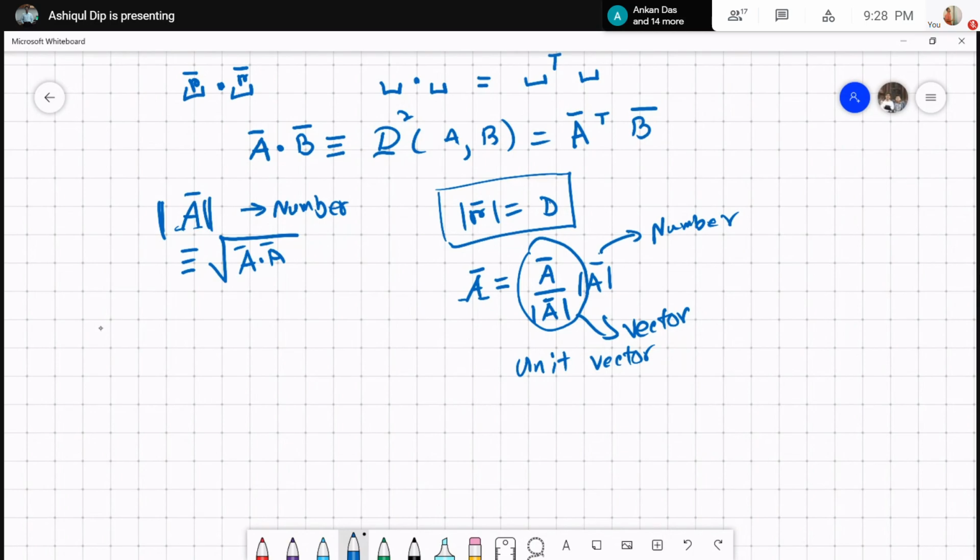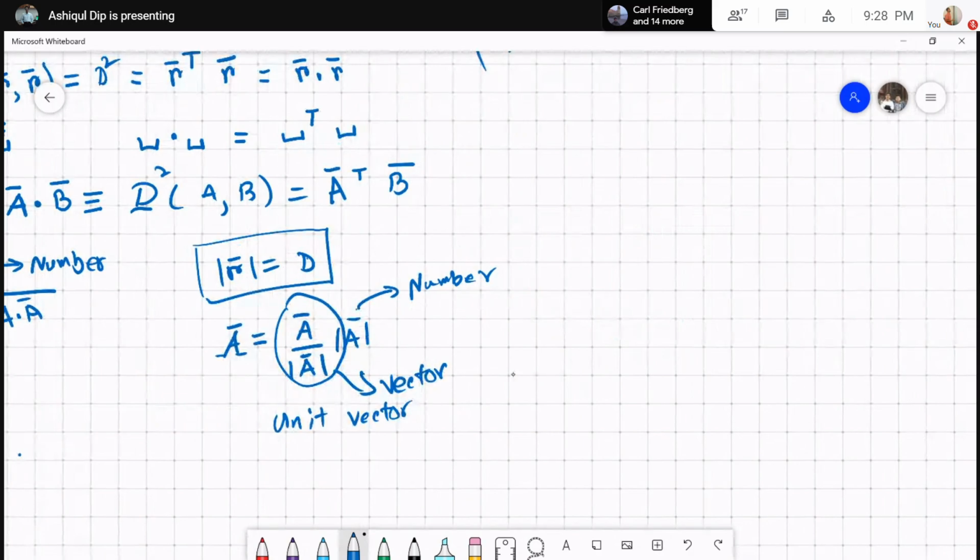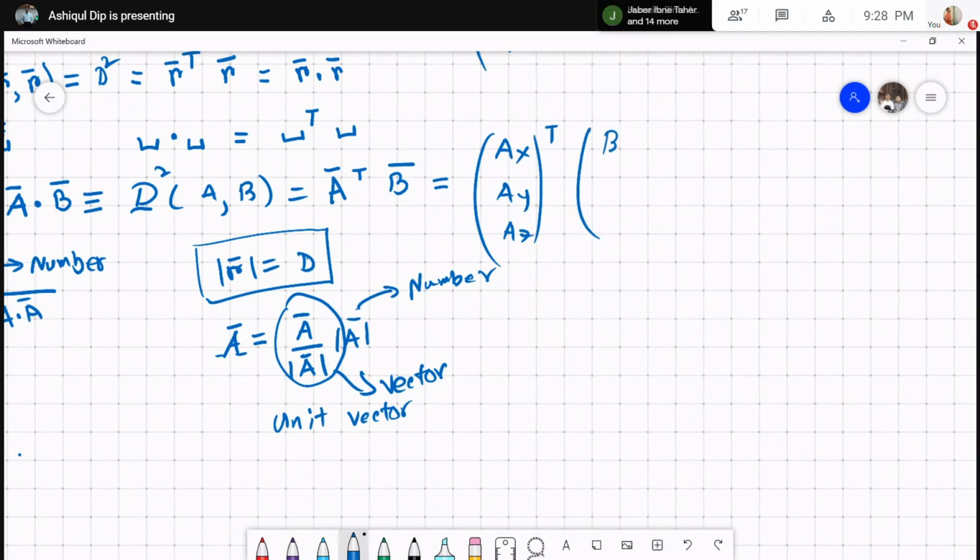So for the dot product between these two vectors, if you look at the components, let's assume they have a three-dimensional representation, say AX, AY, and AZ. You need to transpose one of those and then multiply with the other vector, BX, BY, BZ, right?